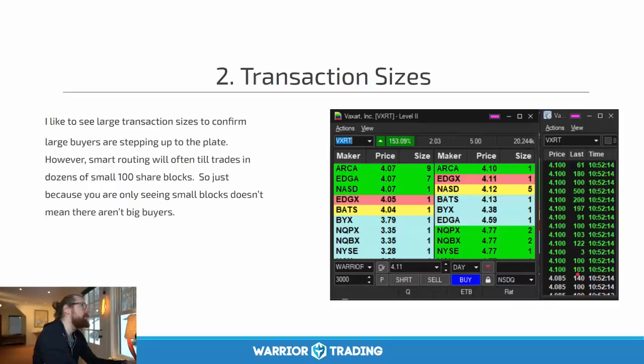You might think, who's buying all these 100 share blocks? They're probably not doing that. It's just the way the orders are getting executed. And rest assured that if you place an order for 5,000 shares and it fills in 50 100-share blocks, you still only pay the one commission. The routing breaks it up how it breaks it up, but you get charged for each ticket, so each time you press that buy button.